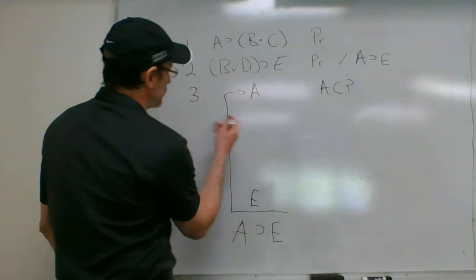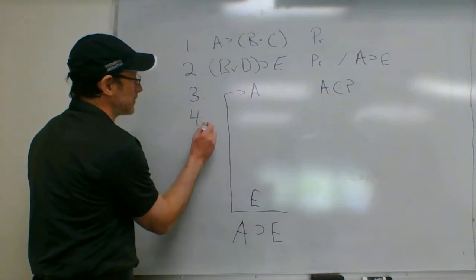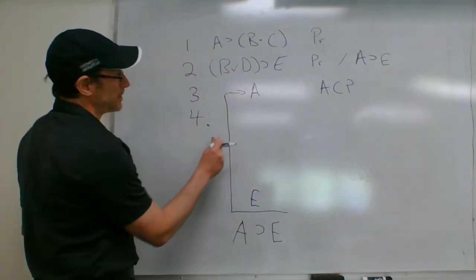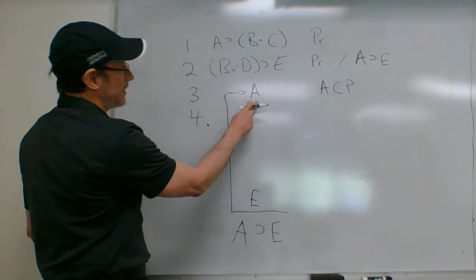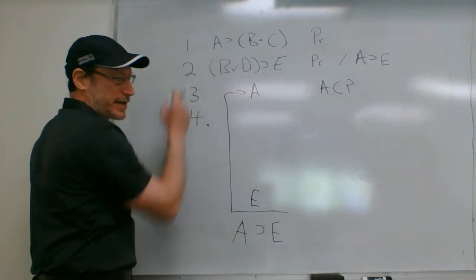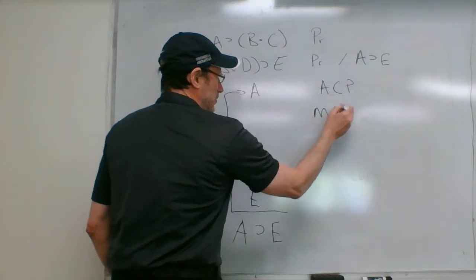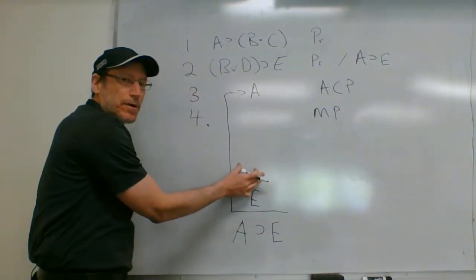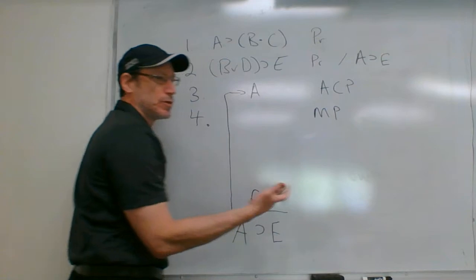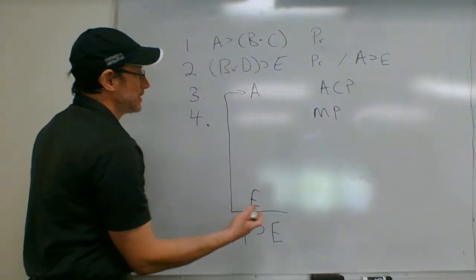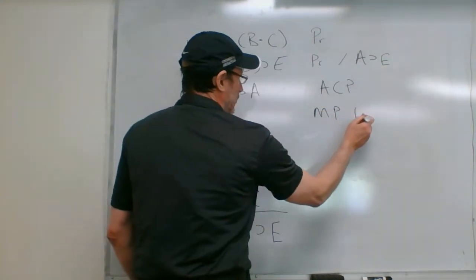So now I have an extra premise, and now this is going to make this argument flow a little bit more easily, because since I have A, and over here I have A horseshoe something, so now I use modus ponens. So generally speaking, inside the scope marker, you would be using the old rules, the rules that we've learned already. So this would be a modus ponens on 1 and 3.